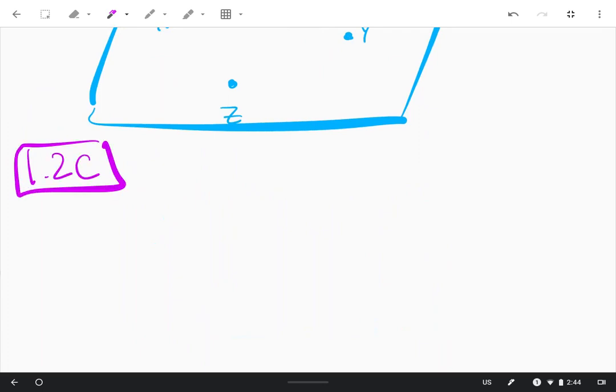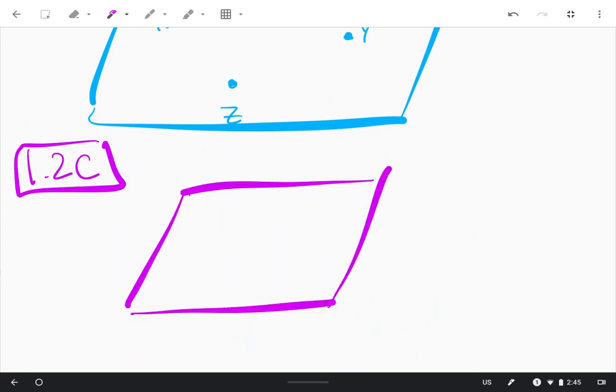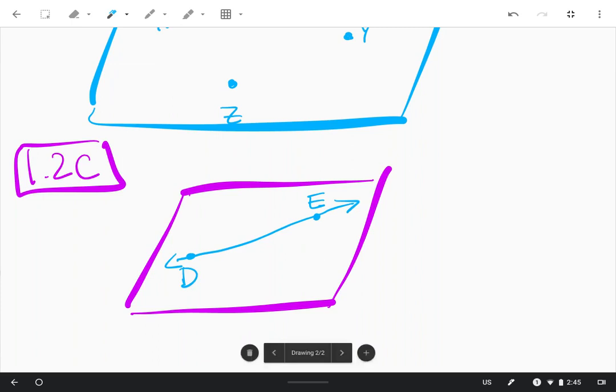1.2c. It says, if 2 points are in a plane, then the line that contains those 2 points also lies on the plane. So we have a plane, and we have 2 points in that plane. Let's call these D and E. Because D and E are in this plane, the purple plane that I've drawn, if I were to connect them with a line, that line DE is in the plane.